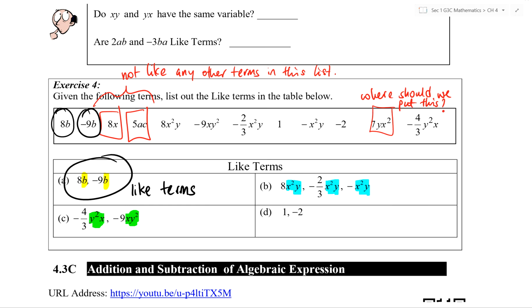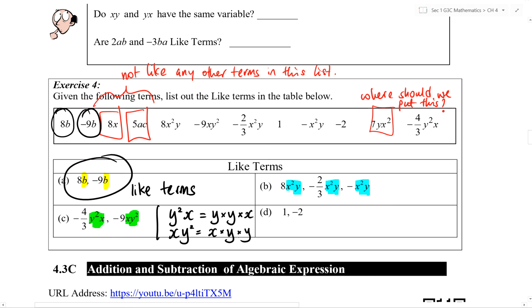Okay, next one. Let's take a look at our y square x terms. Y square x as well as xy square, are they the same? Let's check. Y square x means y times y times x, while xy square means x times y times y.